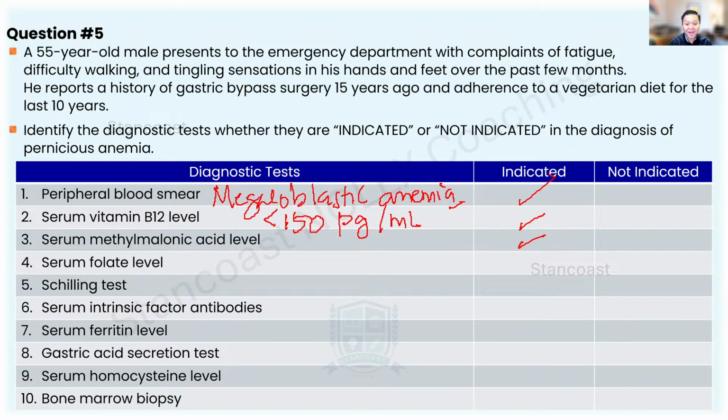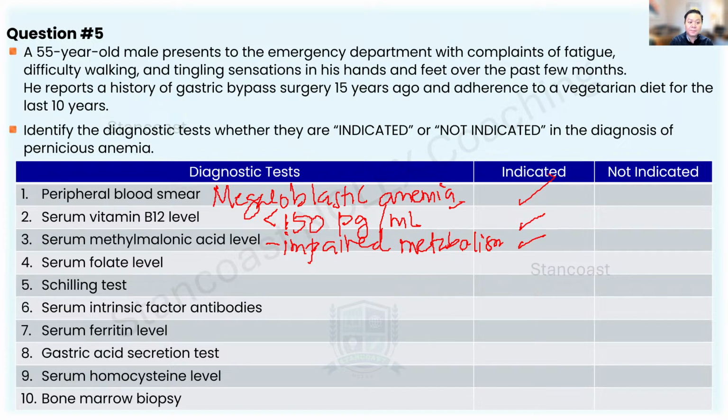It will give us an idea that there is impaired metabolism due to the reduced vitamin B12 availability. So this is reflecting impaired metabolism.